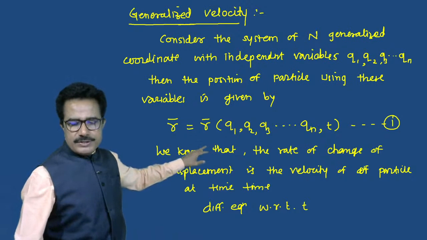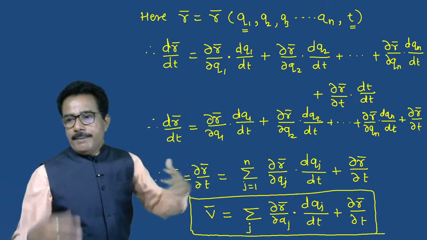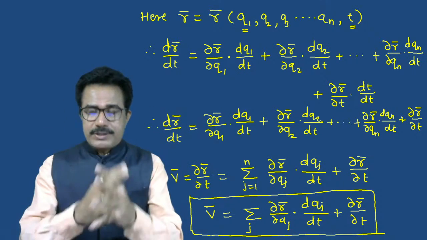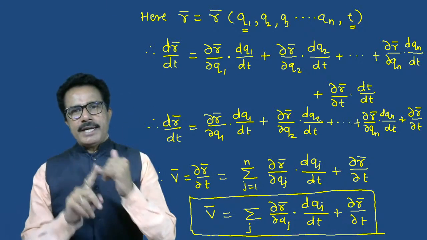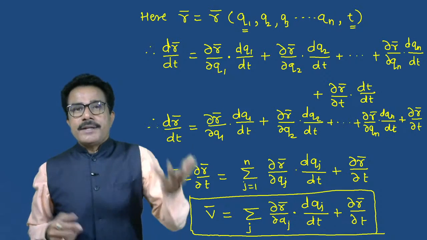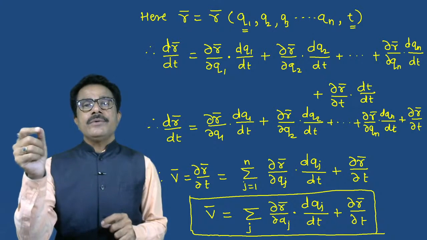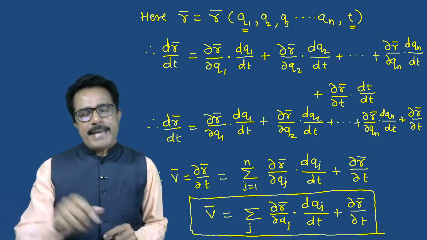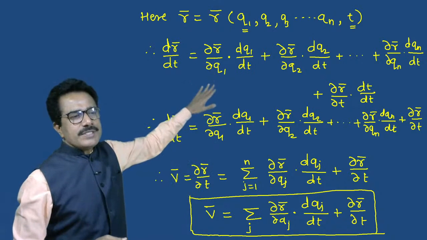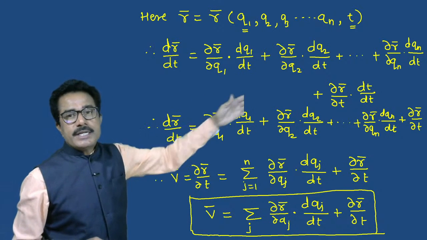So by using this displacement vector we can obtain the velocity, because the basic concept of velocity is the rate of change of displacement. Rate of change of displacement means we have to take the derivative with respect to time. So we differentiate equation 1 with respect to t, and we get this relation.